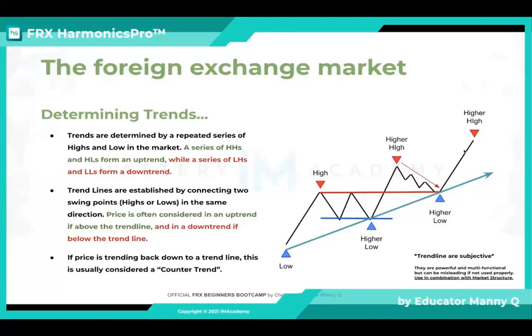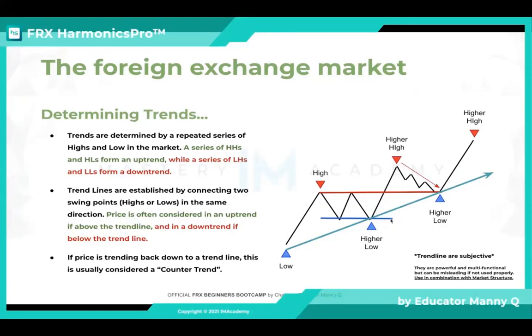Now, what traders will do to create a trend line is, in an uptrend, connect two low points in the same direction to establish an uptrend. So they'll take the first low point and they'll take the second higher low and they'll connect that to make an uptrend in the market.